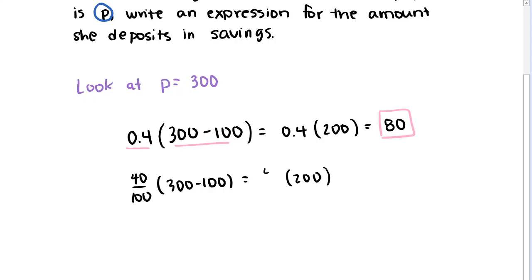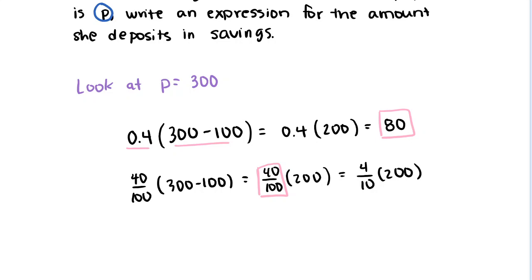We still have 40 out of 100. And we can always reduce a fraction like this, where there's no addition or subtraction in the numerator and denominator. I know that they're both divisible by 10, that's 4 over 10. And this is still being multiplied with that 200.